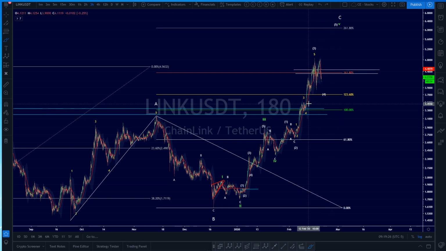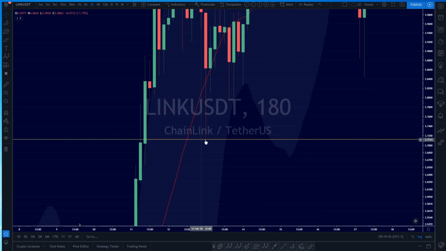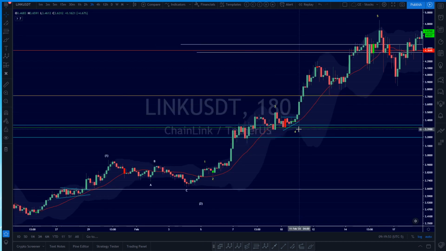One thing that you will notice, and let me zoom in on this so you can see, is that when we had that move at the 100, we hit it right to the tick. We came right down to it and tested it perfectly. So not only did we fly right through it, we pulled back and tested it perfectly, and then we flew right through that.